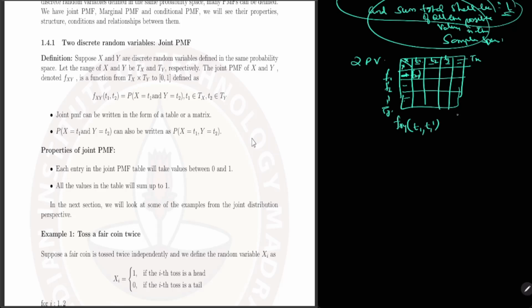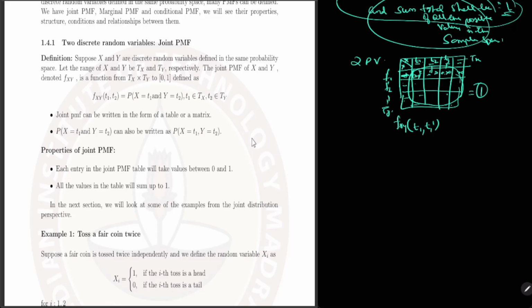Similarly we'll get all the entries, and all of this sums to 1, and all entries are greater than or equal to 0.